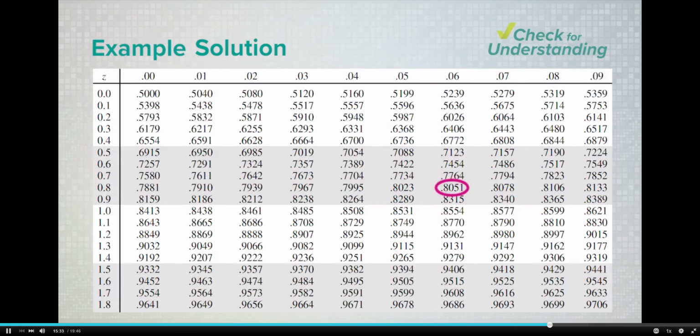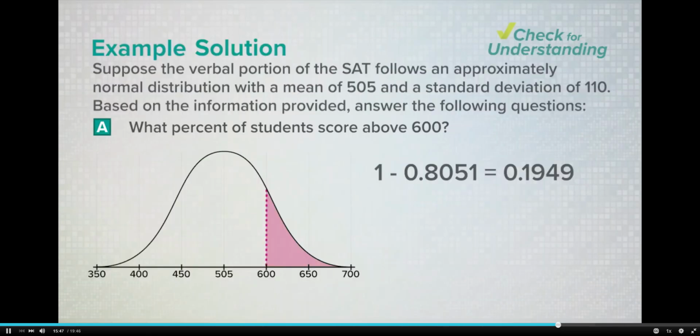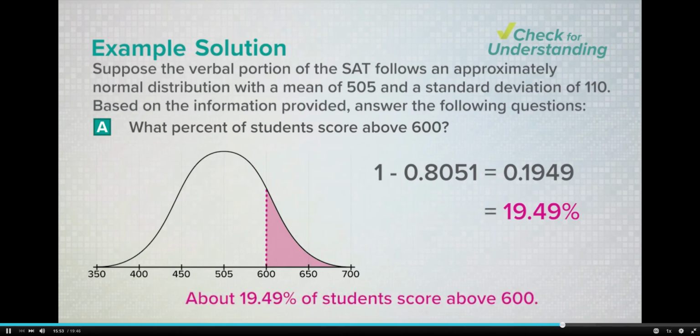Move over and down to find the proportion is 0.8051. Is that the area we want? No. We want 1 minus 0.8051, which gives us about 19.49%. Thus, 19.49% of students score above 600 on the verbal SAT.